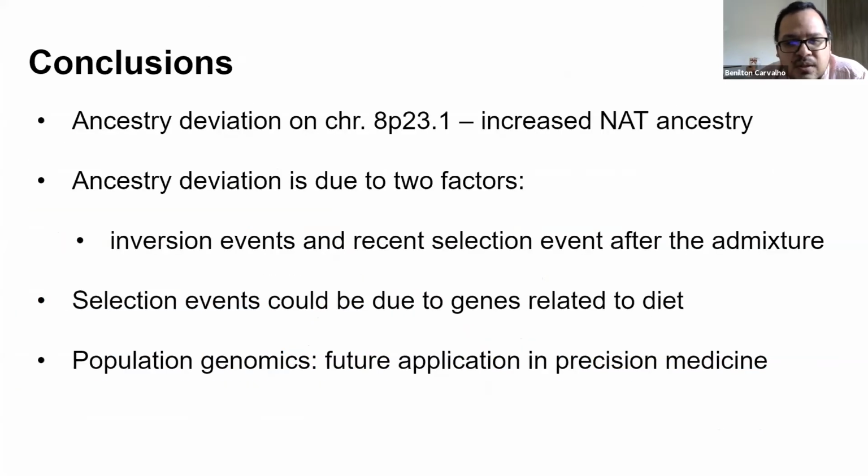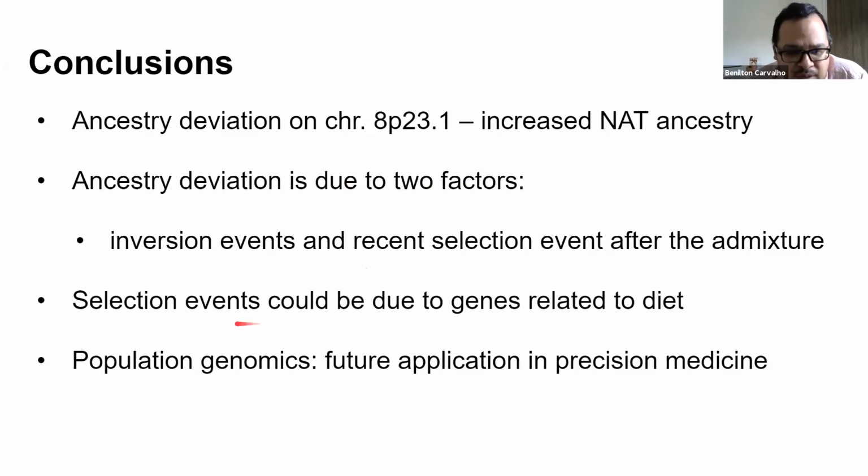I'll go straight to showing you that the deviation on chromosome 8 showed an increased Native American ancestry, probably due to two facts: these inversion events and recent selection were possibly the reason for the deviations.